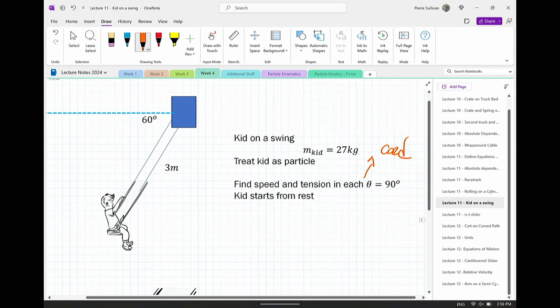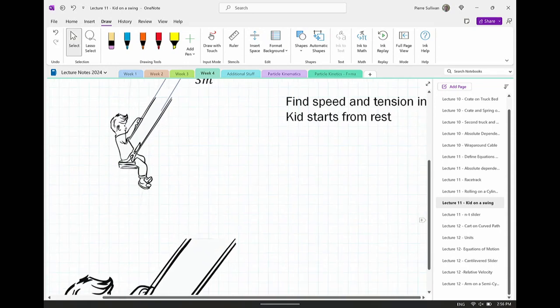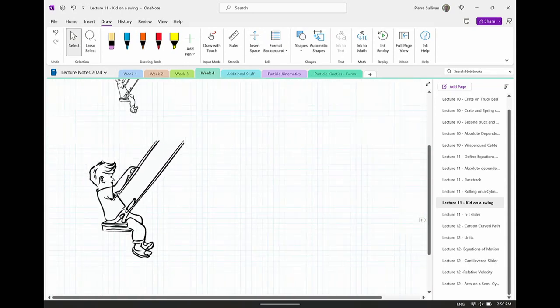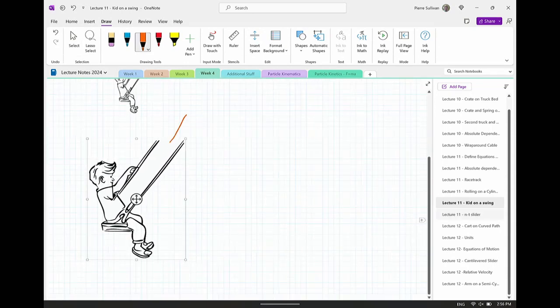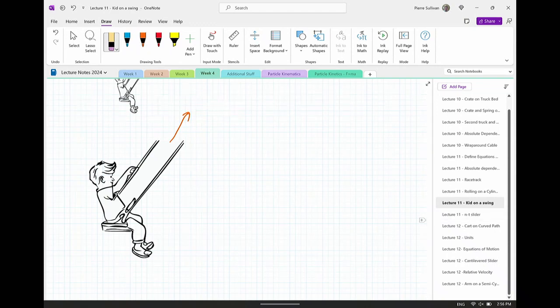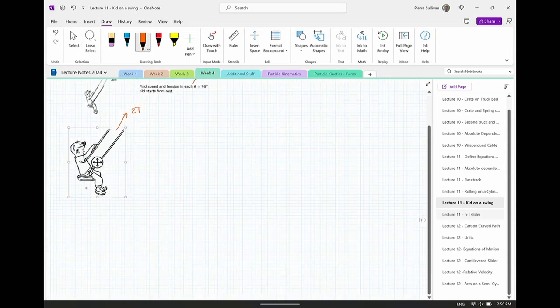Kid starts from theta equals 90 degrees. So for an arbitrary theta, I can say, well, I have 2T and I have mg.